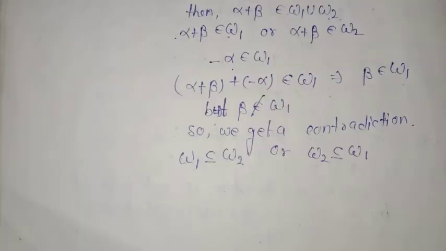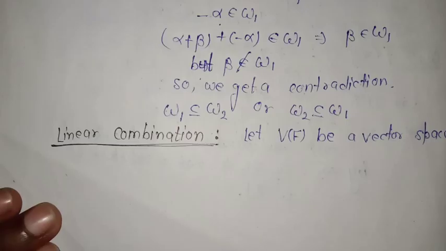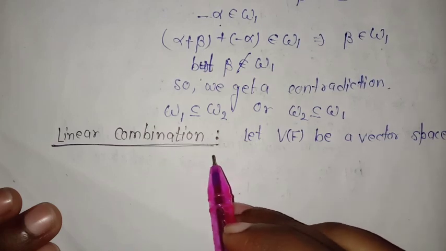I hope the proof of this theorem is clear to all of you. Now we will start to discuss the linear combination of vectors. The definition of linear combination is as follows.